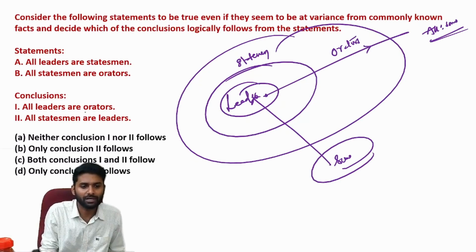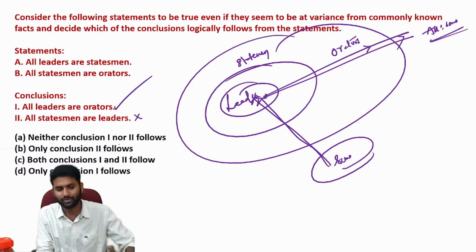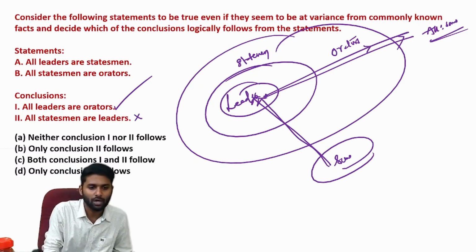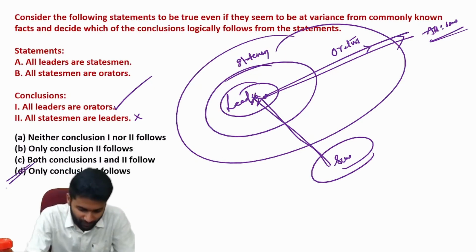Let's go through that. All leaders are orators. Leaders to orators goes from inside to the outside, so definitely all is possible. Statements are leaders: if anything goes from outside to the inside, all is never possible. It is only possible with the some condition. That's why only conclusion one follows. Very good.